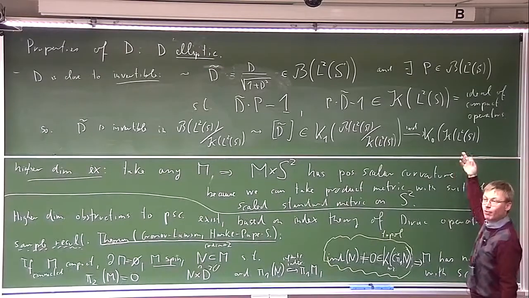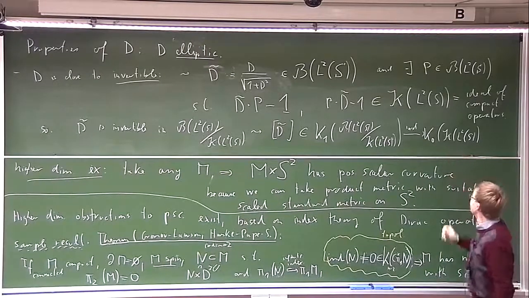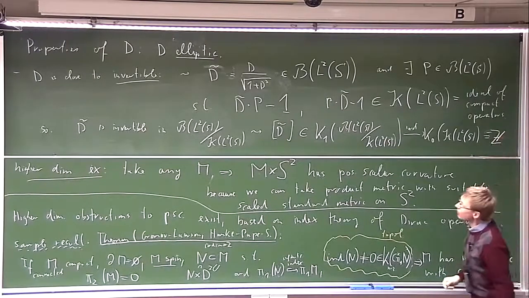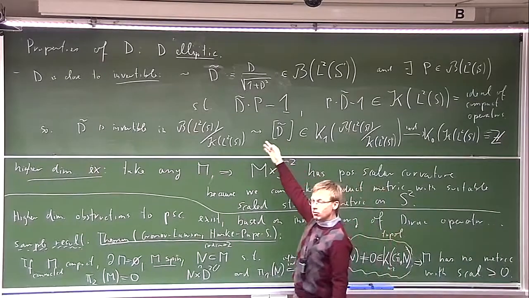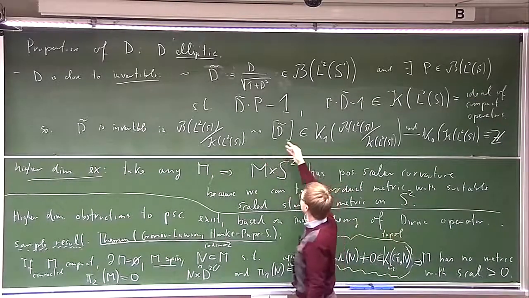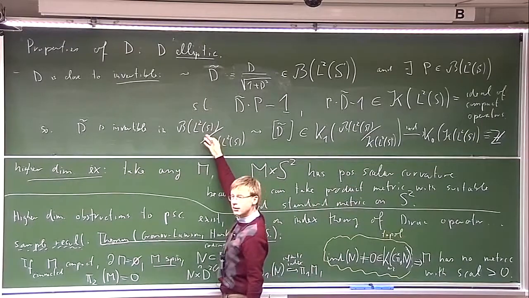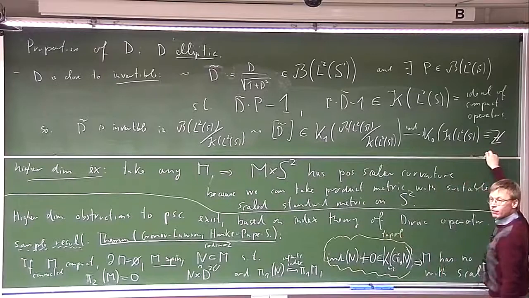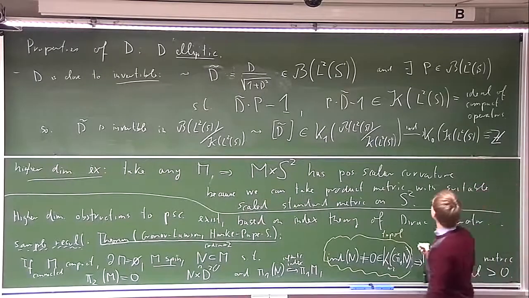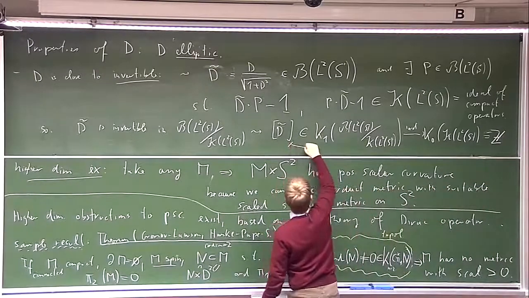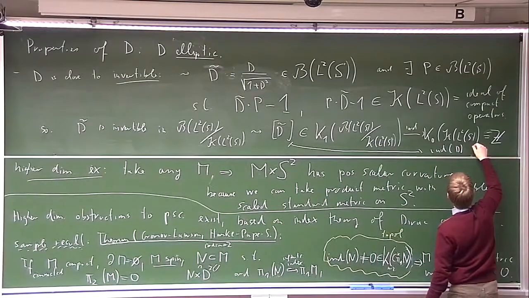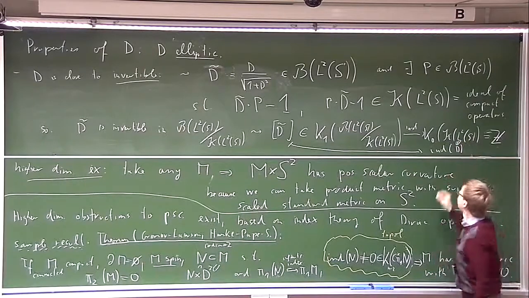So that's really just the compact operators of separable Hilbert space, which is canonically isomorphic to the integers in that case. And so we can assign to our Dirac operator, because we can make this invertible element in the Calkin algebra, we can assign to it with this machine a number which would be the baby version of the index. Here, so that is what I call the index of D living in that group.